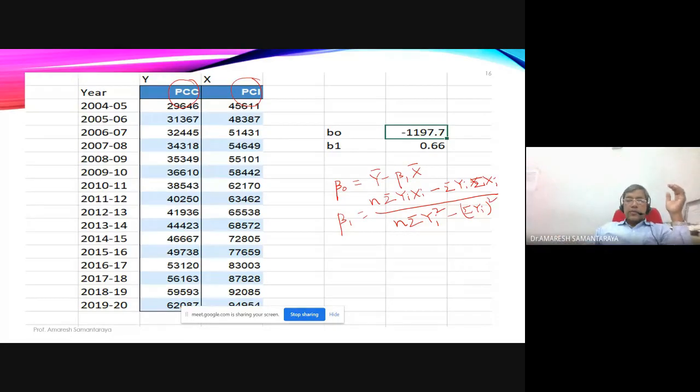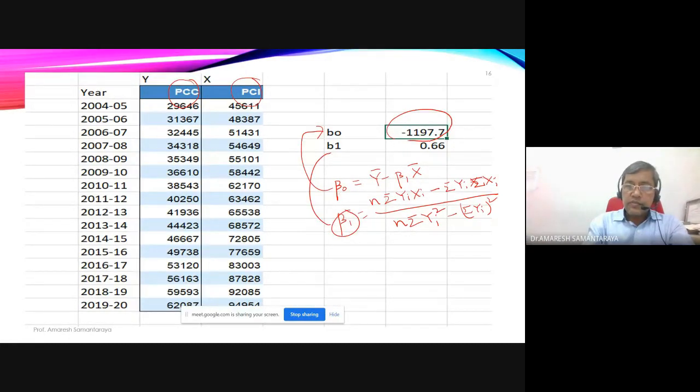Applying this formula, I got beta 0 to be this much and beta 1 to be this much.